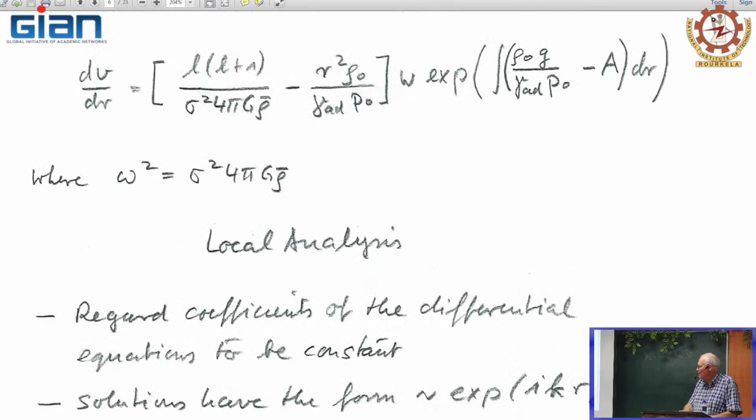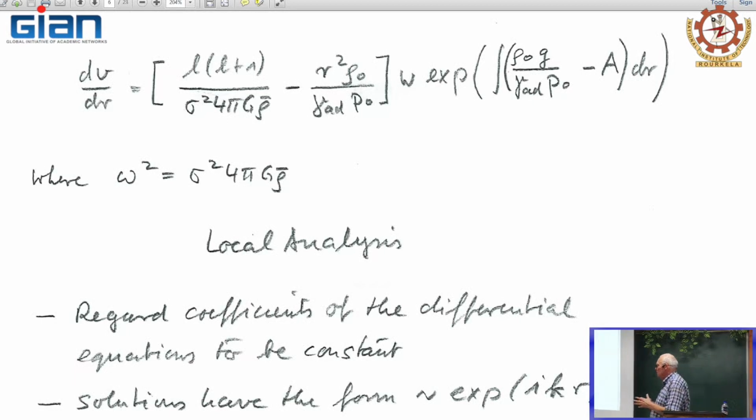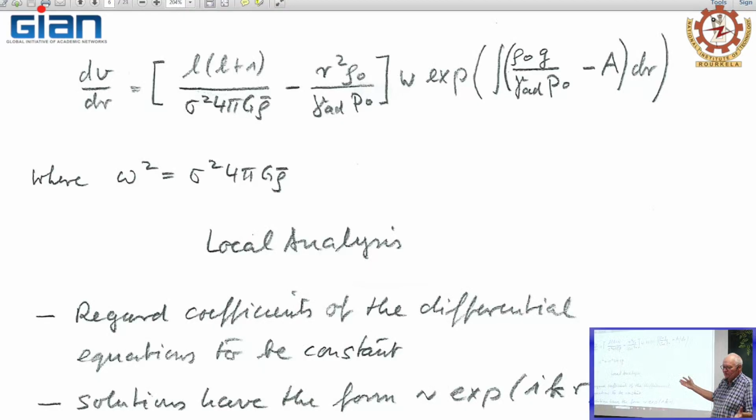What do we achieve by that? All the coefficients of our differential equation depend on the background model, or in other words, on the radial coordinate or on the mass coordinate. So they are not constant, and it's not easy to get a solution for that.